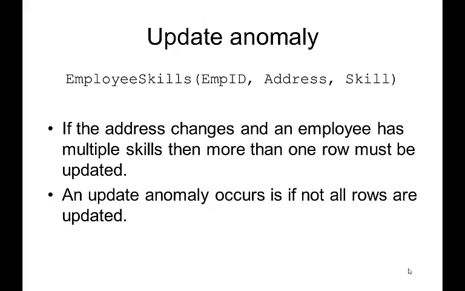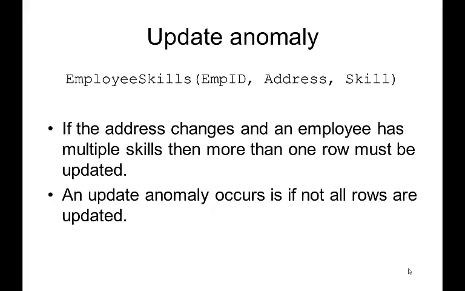So here's a table, employee skills, which has an employee ID, an address, and a skill. So 3 fields. If the address changes and an employee has multiple skills, then more than one row must be updated because there's one row for each employee and their skill. This table is also storing their address, so the address is duplicated. So if you've got more than one skill, we've got to duplicate the address information.